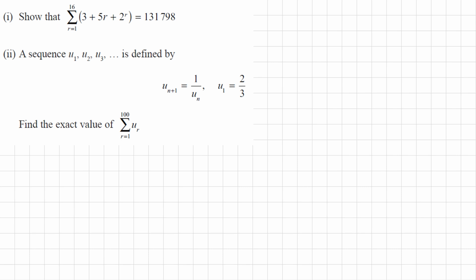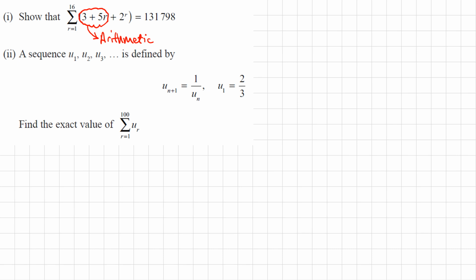Now, whenever we've got these summations, if you see something that looks a bit like the first part, where you've got r multiplied by something, that tends to be like an arithmetic series. When you see r multiplied by something, think arithmetic.